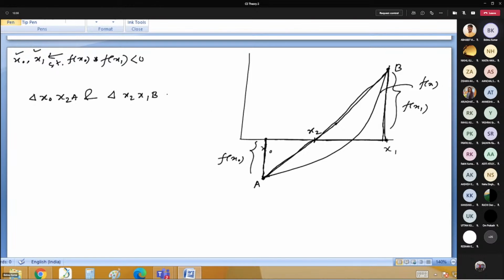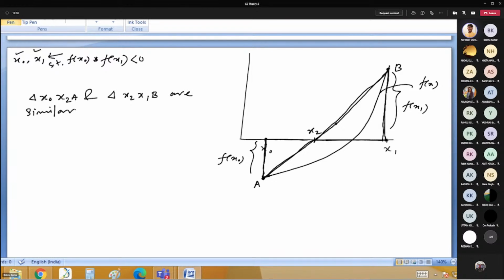Both are right angle triangles. Yes, similar triangles, isn't it? So for similar triangles, we can compare height by base equals height by base for both triangles.